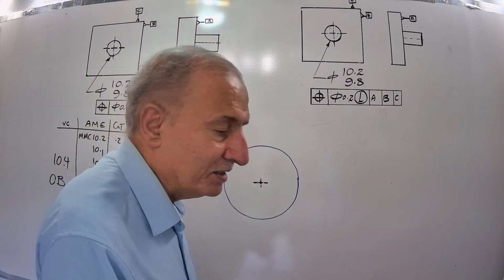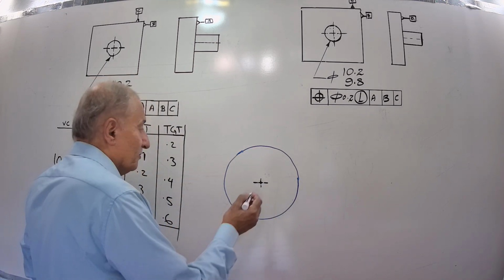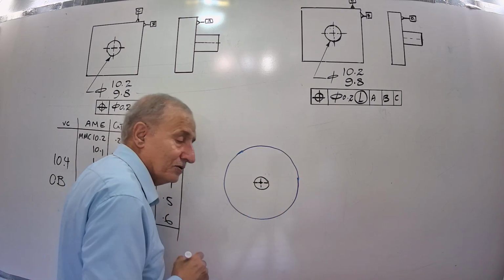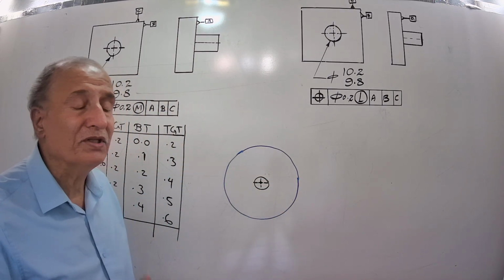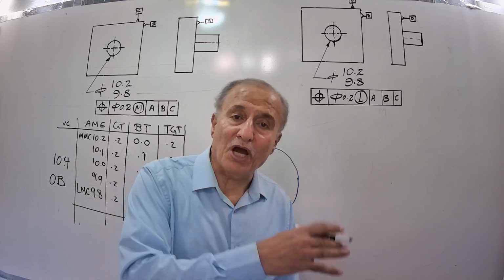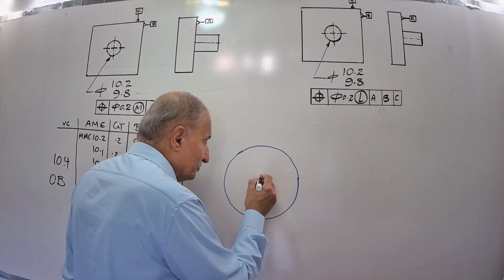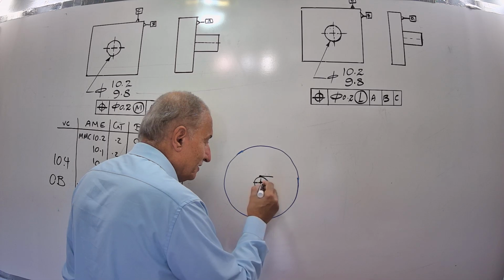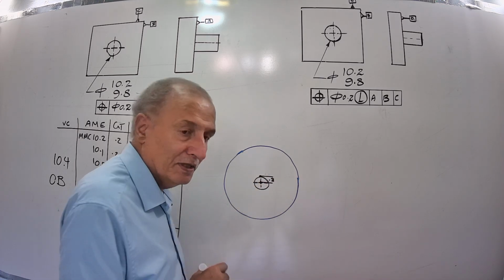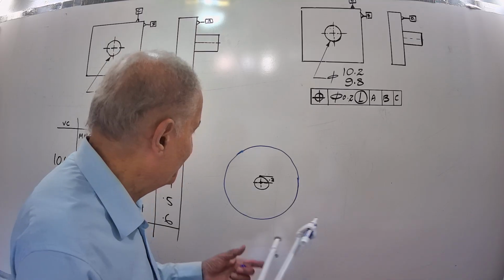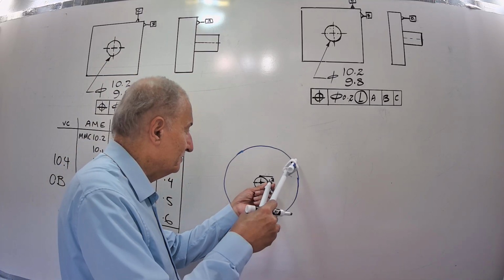But we know that it cannot happen. But position here can be 0.3 left, right, up, down, each side 0.3. It means that I can draw circles here.